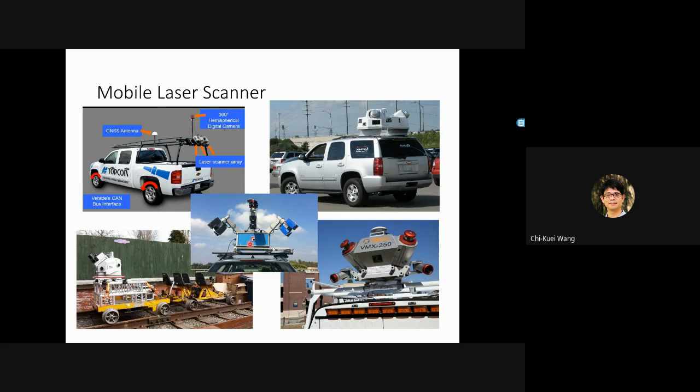Actually, this one, I think you can tell is a terrestrial laser scanner. Some companies offer options where you can put their terrestrial laser scanner on a vehicle and program it so it can be used as a mobile laser scanner. And these are the more dedicated systems.